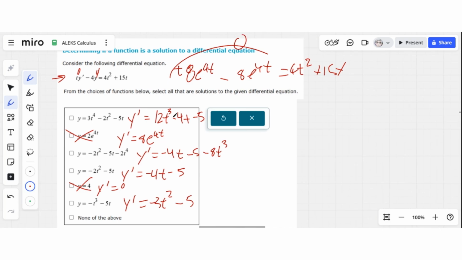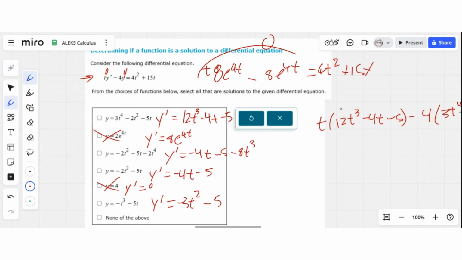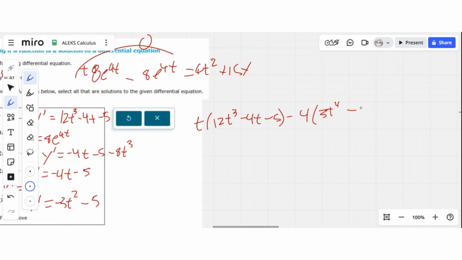So let's get on to that, and we're putting it in this form here: t times the derivative of y. So for this first one, that's 12t cubed minus 4t minus 5. And then minus 4 times the original function y. So that's, in this case, 3t to the fourth minus 2t squared minus 5t.